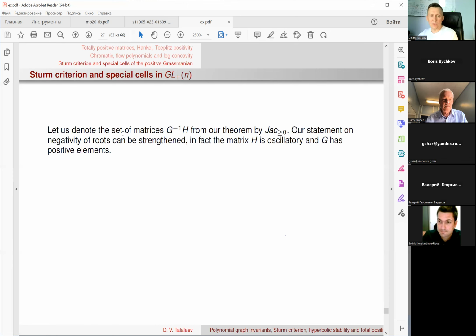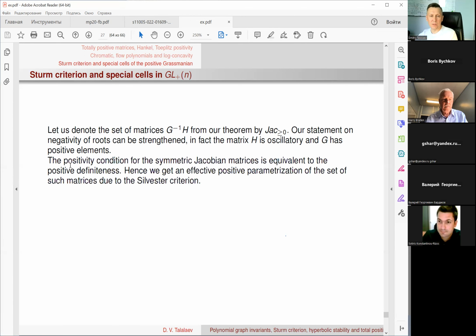Let us call the set of matrices G^-1 H that appeared in our theorem. Our statement on negativity of roots can be expressed in terms of the oscillatory properties of the matrix H and the property that G has positive elements.